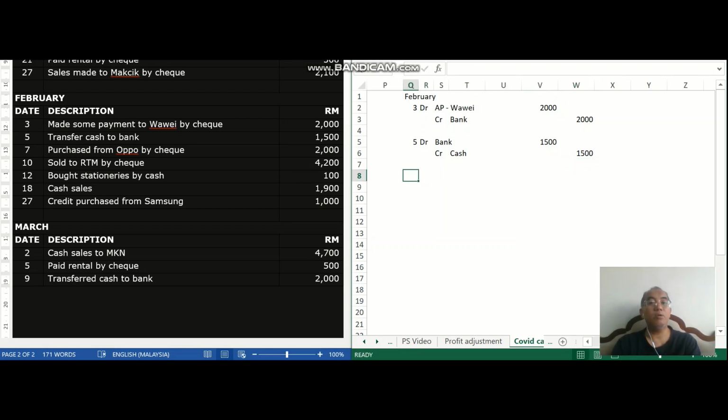What about 7th of February? Purchase from Oppo by check. So debit purchases and credit bank. How much did you purchase from Oppo? 2,000.